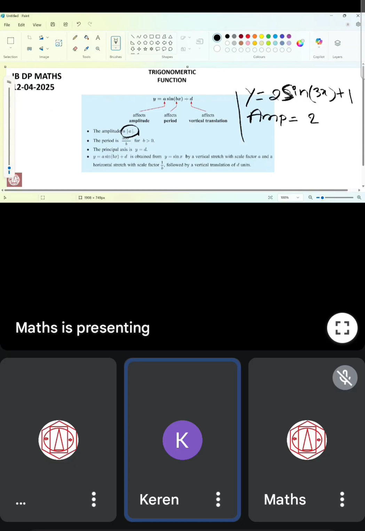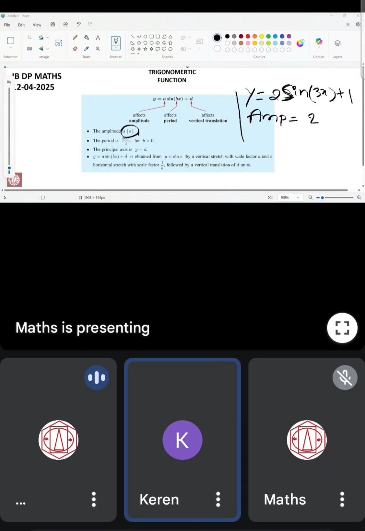Second thing is period of the function. So first understand what is the period of the function. I showed you the graph, or you already have the graph on your screen, right? I'll reshare that graph. You can see that the graph is completing a cycle within a certain domain, right?